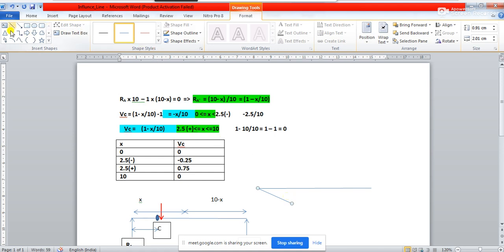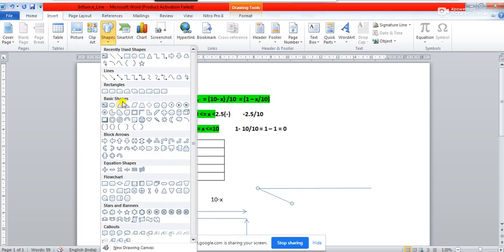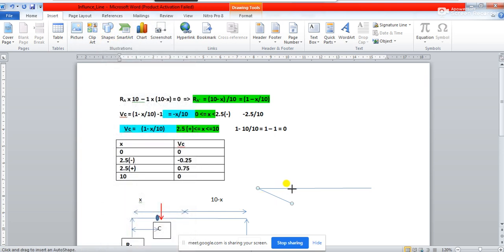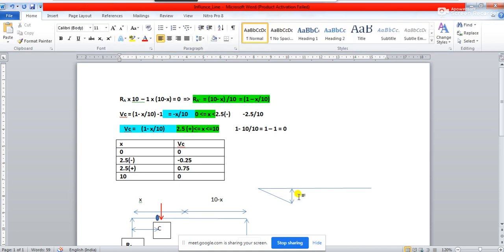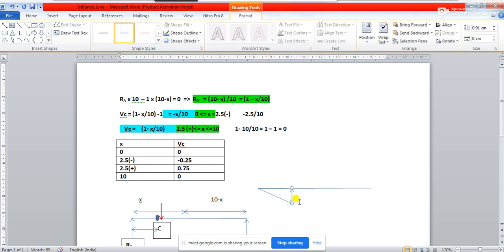So let's say this distance. How much will be the value of this ordinate? Can anyone tell?